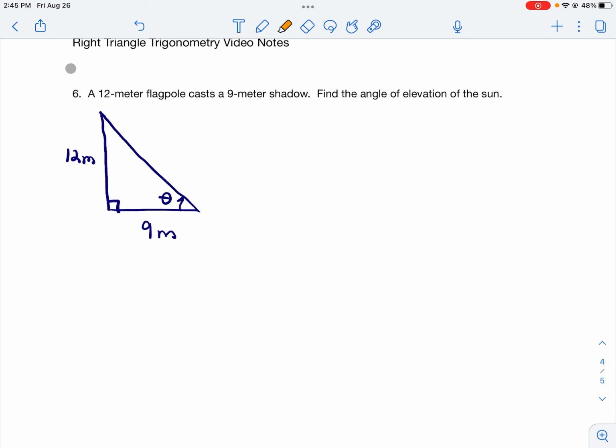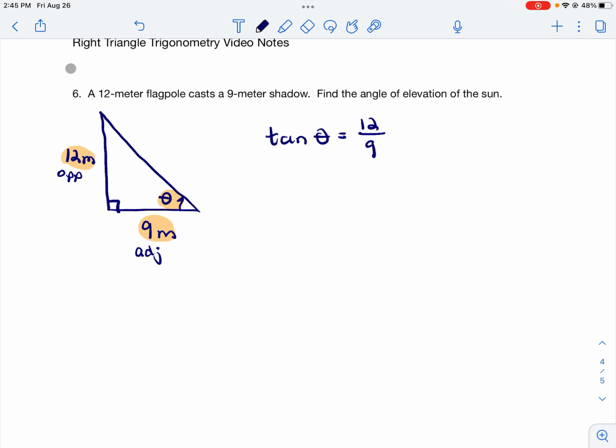So I know I have this angle theta, and I know this side and this side. For angle theta, 12 is going to be my opposite side, and 9 is my adjacent side. So what trig function involves opposite over adjacent? That's tangent again. So tangent of theta is equal to my opposite side over my adjacent side.